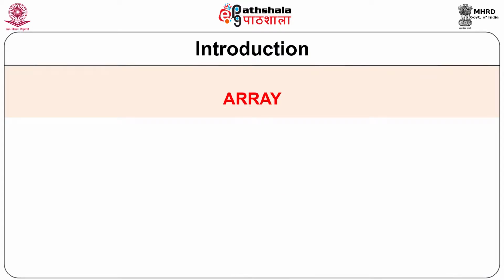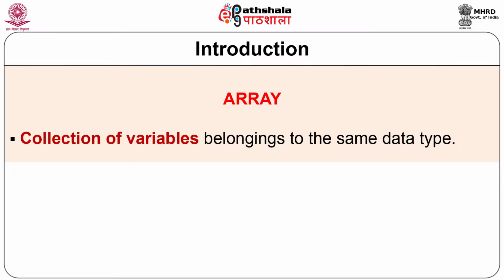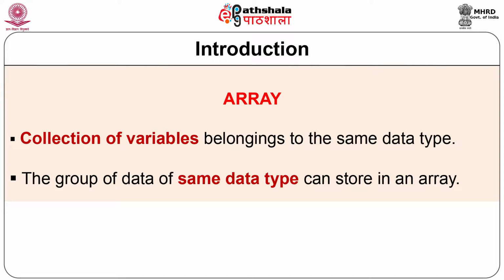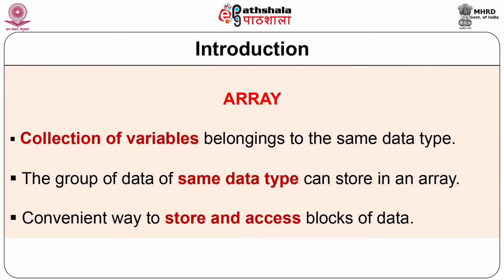Let us see array. As we know, array is a group of similar objects or group of similar data points. Array can store a fixed size sequential collection of elements of the same data type. Array offers a convenient way to store and access a block of data.